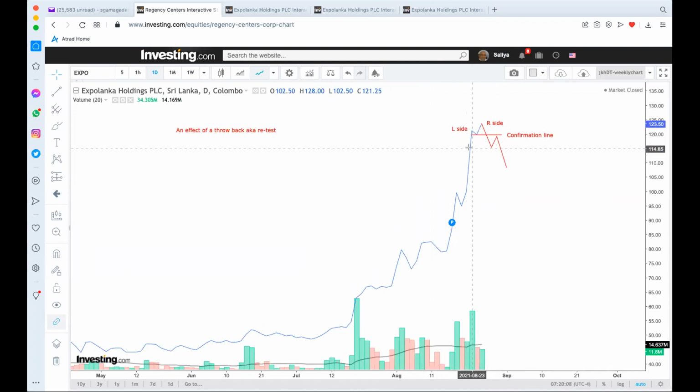When we are here, we will be putting a sell stop order at this level of 119.75, or it can be a little below 119.75.